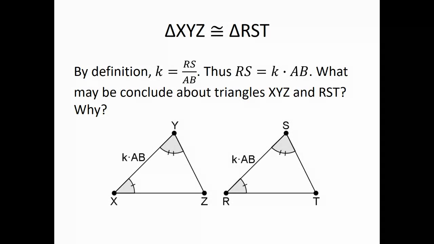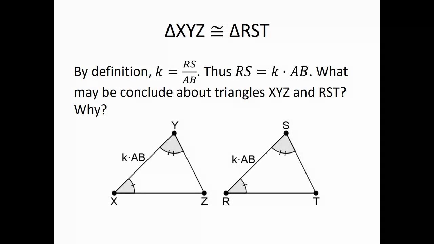But notice too that angle R was equal to angle A, which makes it equal to angle X. Angle S was equal to angle B, which makes it equal to angle Y. And then we have what you see in front of us. I have two triangles, XYZ and RST. I have two angles of one equal to two angles of the other, that is X and Y equal R and S, respectively. And then I have the included sides equal as well.